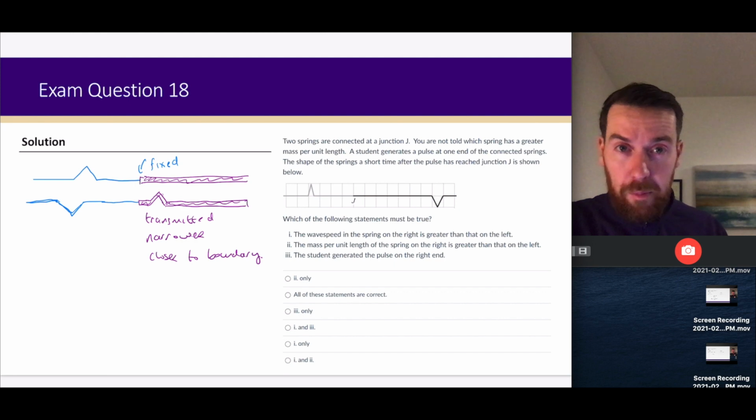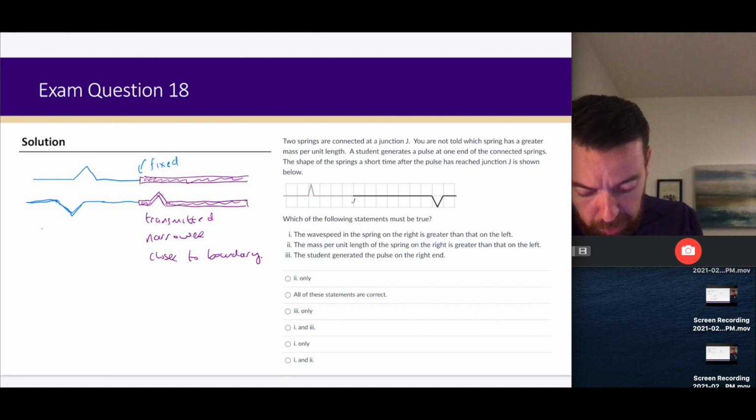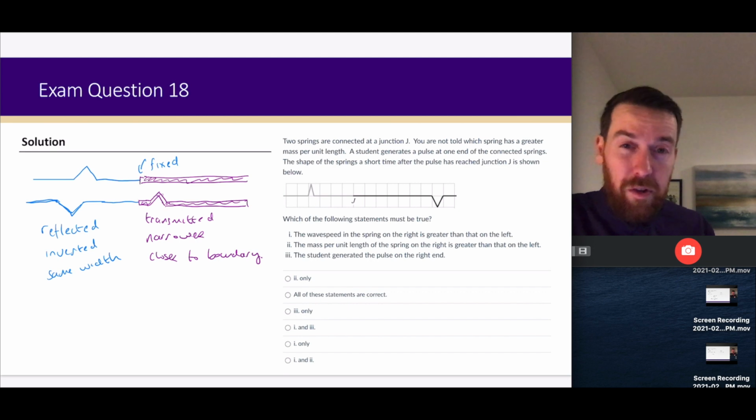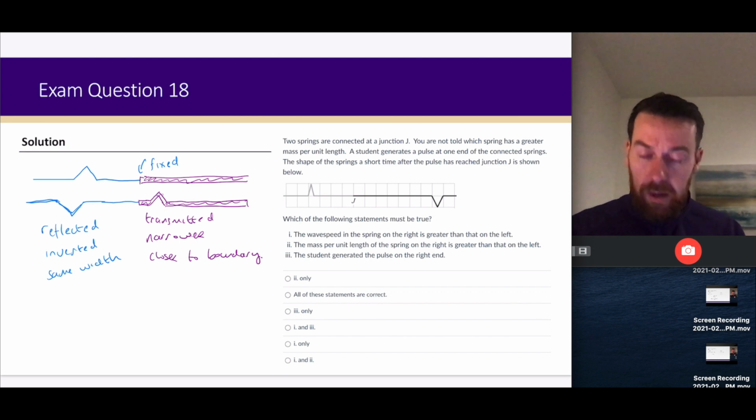The one in the lighter material will move at a greater speed. The reflected pulse should be inverted and the same width as the incident. The transmitted is narrower than the incident, and it'll also be narrower than the reflected.